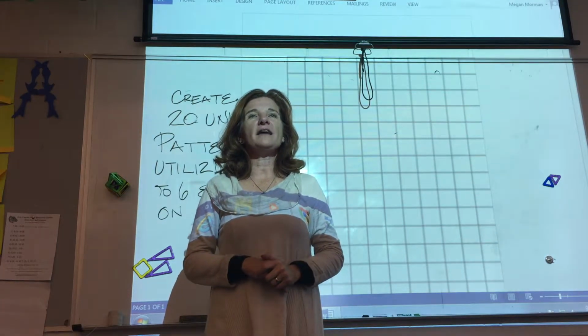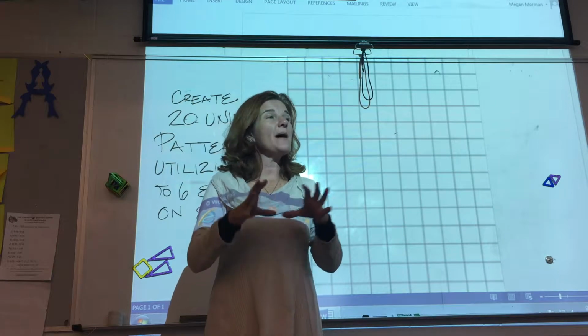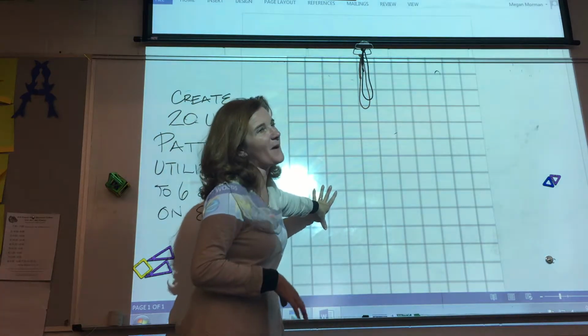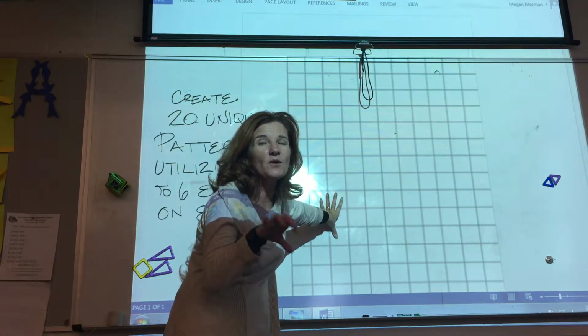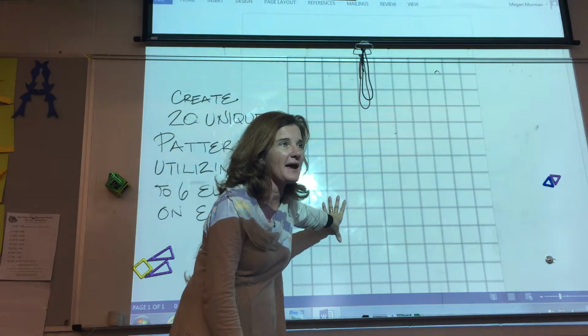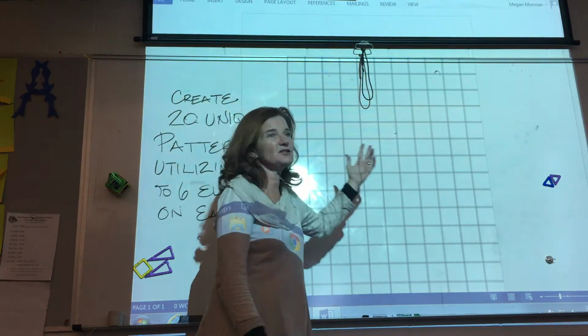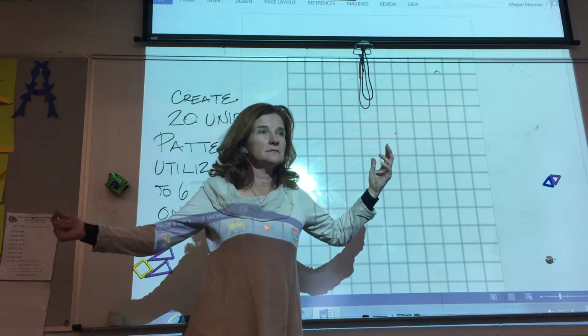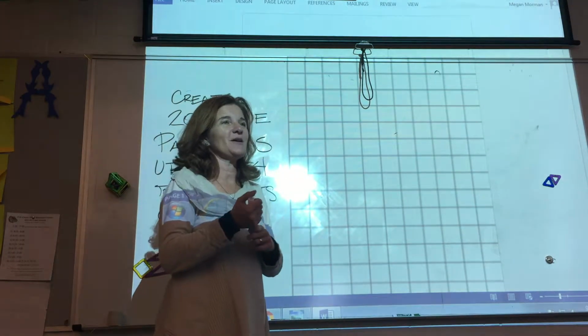Now, what are the elements of art? We had talked about we were going to use elements in this part of the project. When I'm talking about elements, what am I talking about? The things that we're combining in order to make our patterns. What things do you suppose I would use if I'm drawing? A marker. Okay, a marker is not an element of art, but yes, I am going to use a marker to draw.